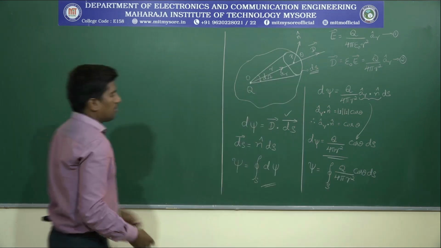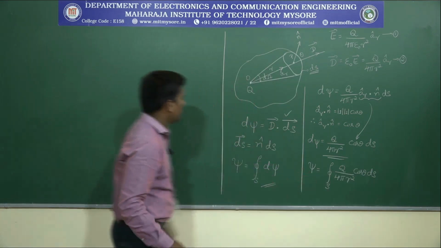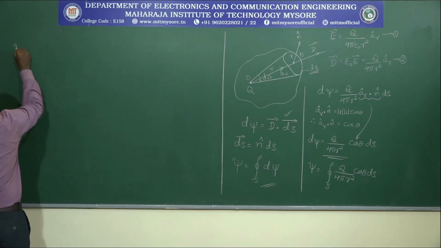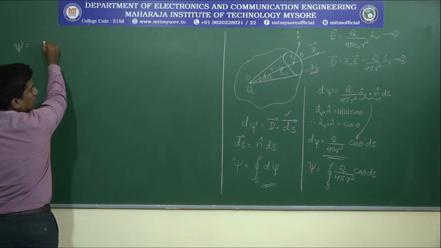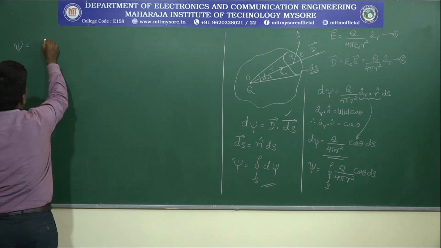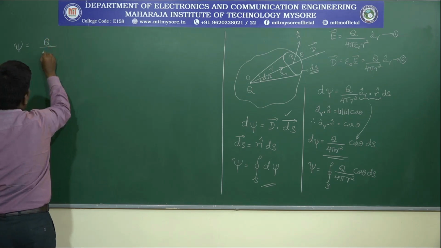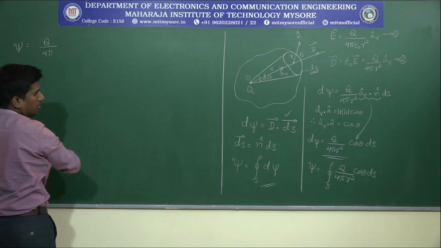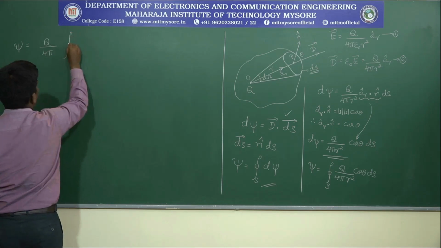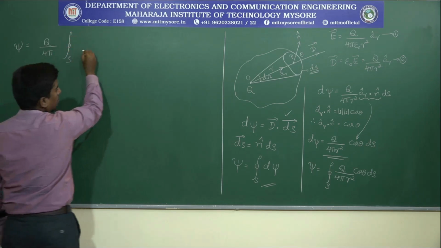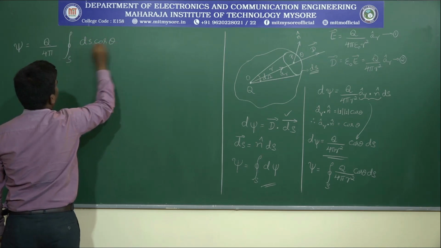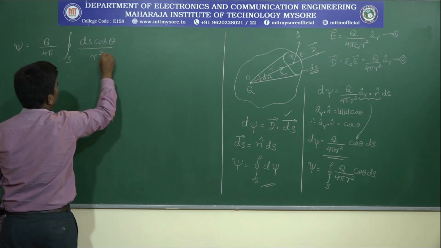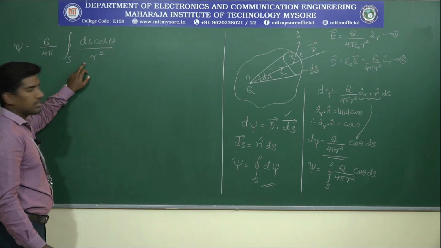Got it? Rearranging this equation gives psi is equal to, so take the constant outside, q divided by 4 pi is taken outside, surface integral of ds into cos theta divided by r square. Okay, this is the equation.